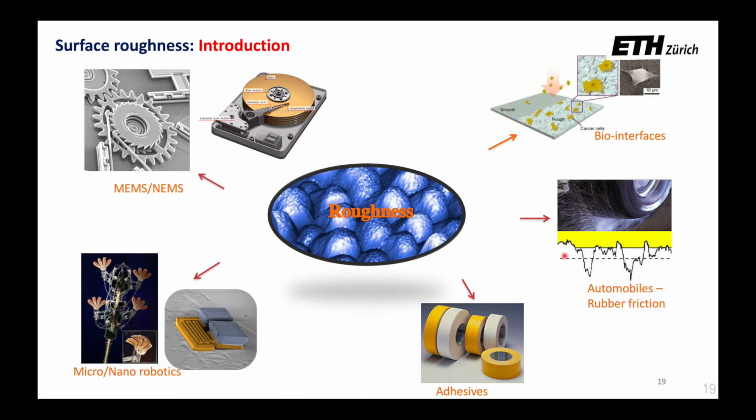Also in automobiles, with engine friction as well as rubber friction, where roughness plays an important role. Also in adhesives, as well as in micro and nano robotics, where the roughness of the surface plays an important role in the locomotion of the micro and nano robots.